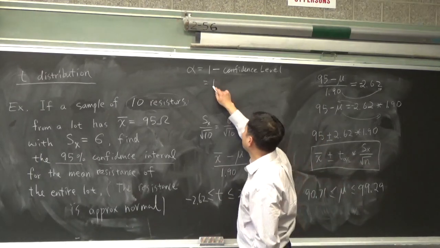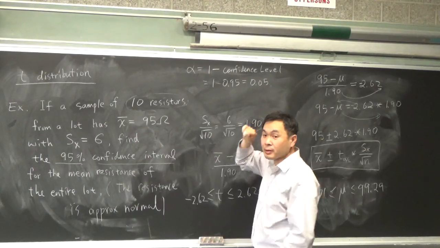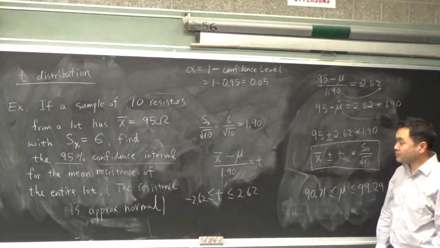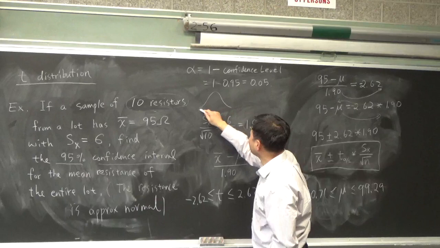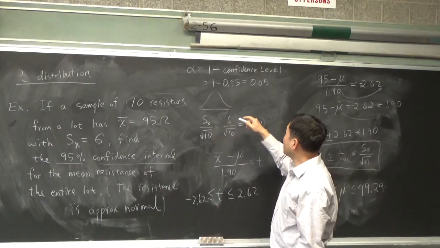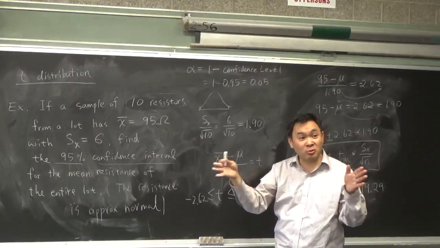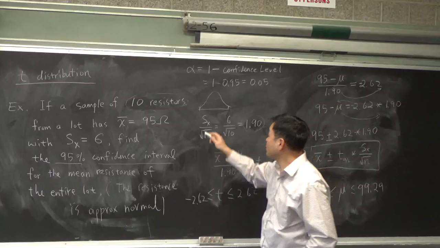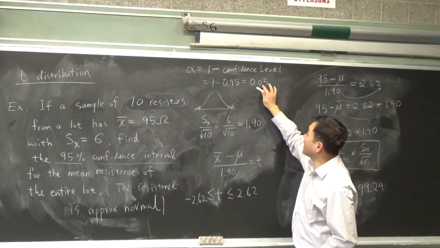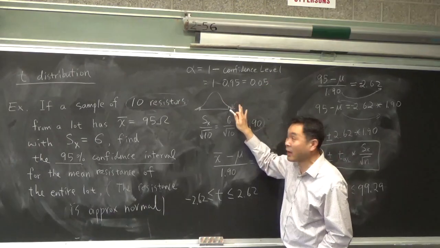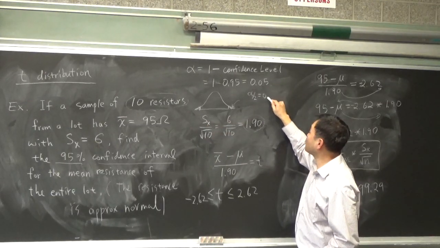So 1 minus 0.95, which is 0.05. And you've noticed that if we are talking about this symmetric t distribution, for confidence intervals, we are looking for two-tailed. A confidence interval is always two-tailed. So you have this two-tailed here and there. And what was this value? It was half of this, because we were going to put half of it here and half of it there. So this alpha over 2 for us is 0.025.